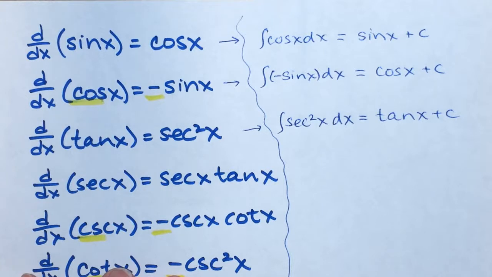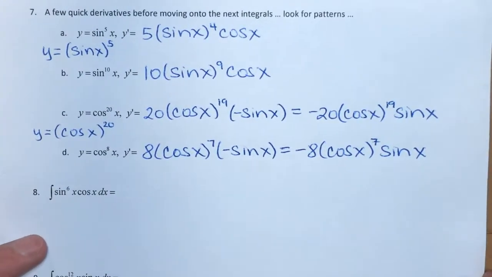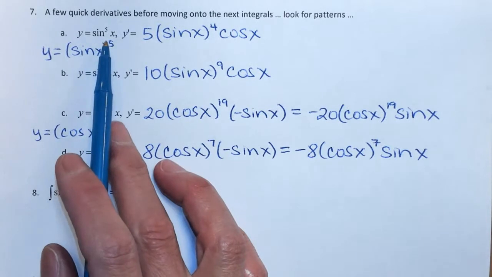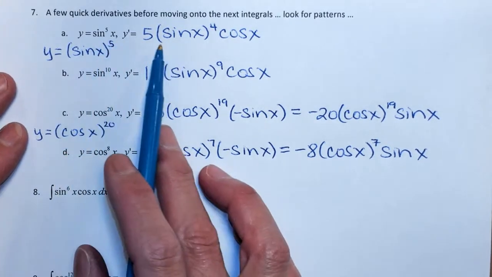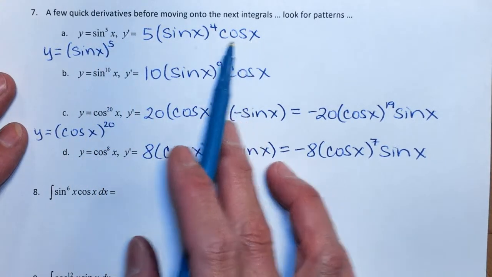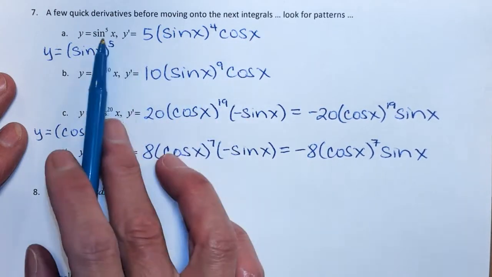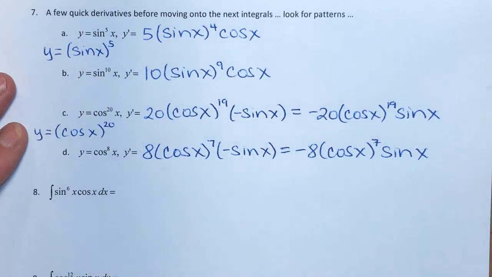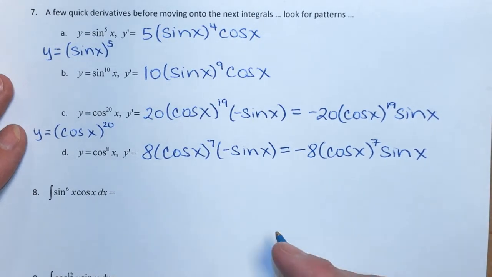You do one, you do the other, you should get back what you started out with. Okay, so let's go back over here. If I took the derivative of sine to the 5th x and I got this, if I integrate this, I should be able to get sine to the 5th x. So that's the idea behind the next couple of problems, okay?